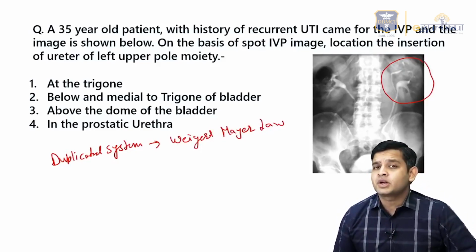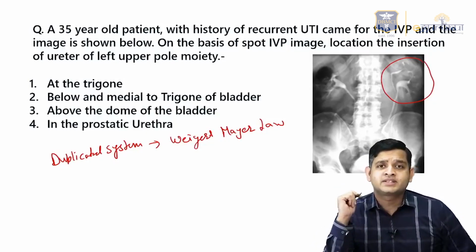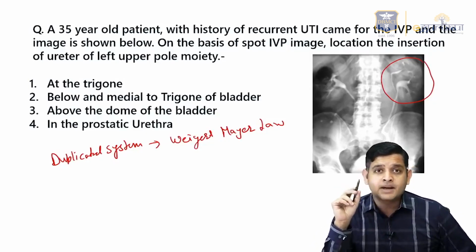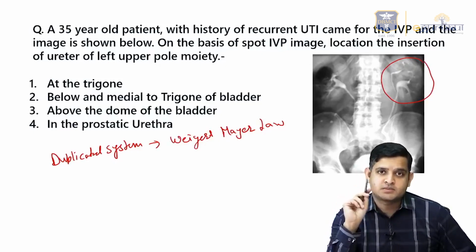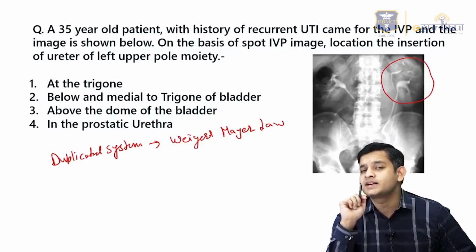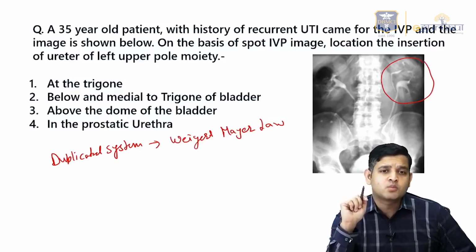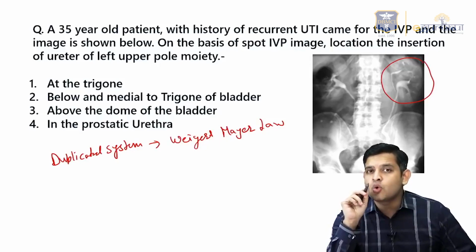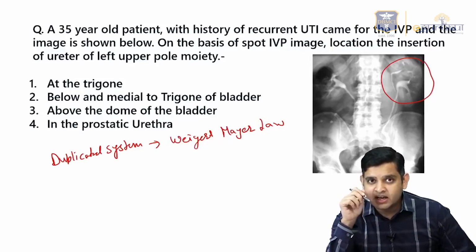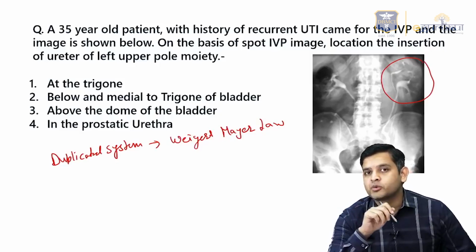According to Weigert-Meyer law, in a duplicated system, the upper pole moiety ureter is ectopic. Please remember, it opens distal and medial to the lower pole moiety ureter.